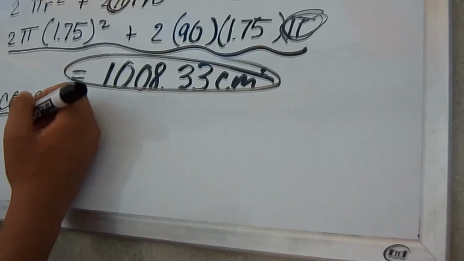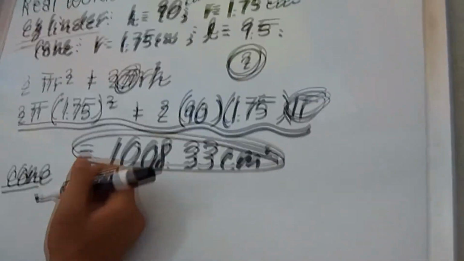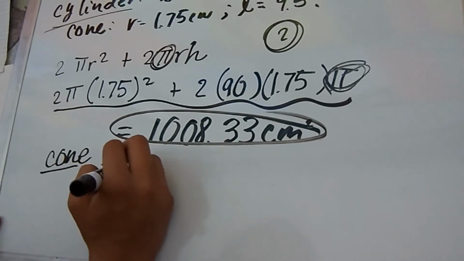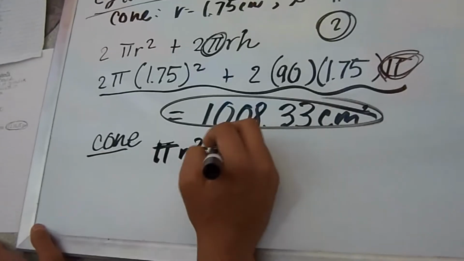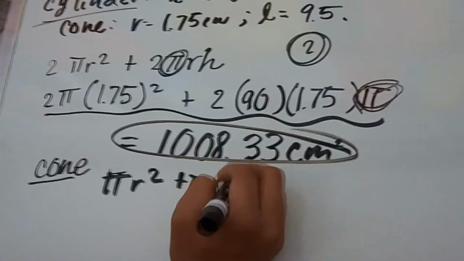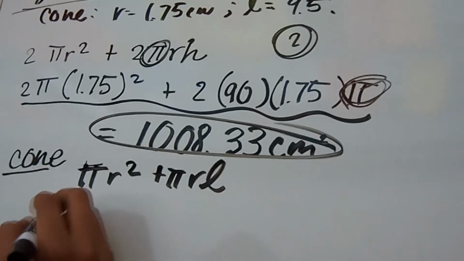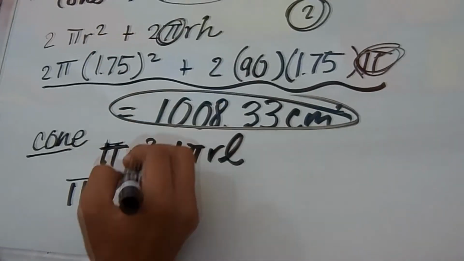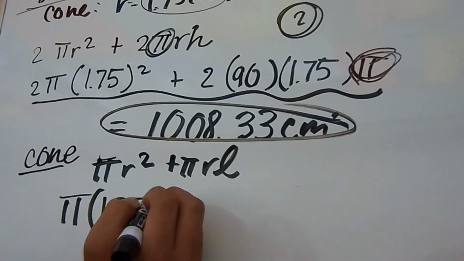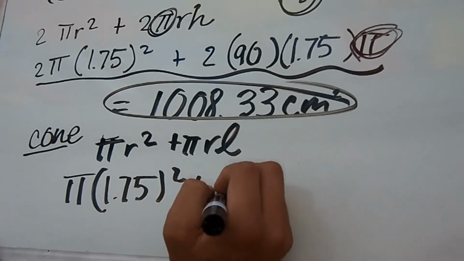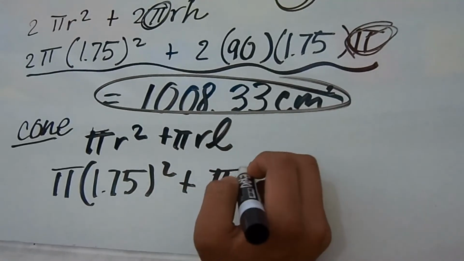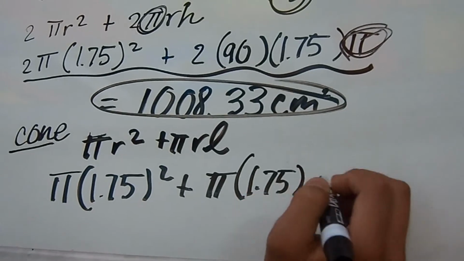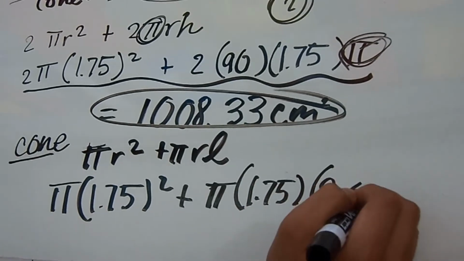Now for the cone, never forget the formula, it will be very useful in life. The formula of a cone is pi r squared plus pi r L. You plug it in, the pi times radius, which is 1.75 squared, plus pi r, which is 1.75, times L, which is 9.5.